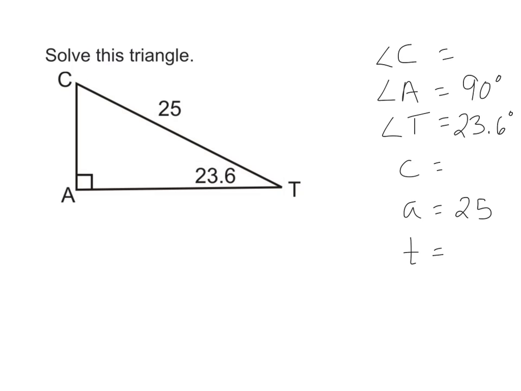So for angle C, it's 180 degrees minus 90 degrees minus 23.6 degrees, and it's equal to 66.4 degrees.